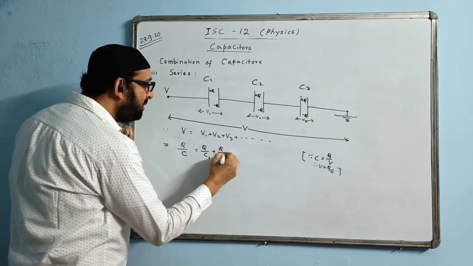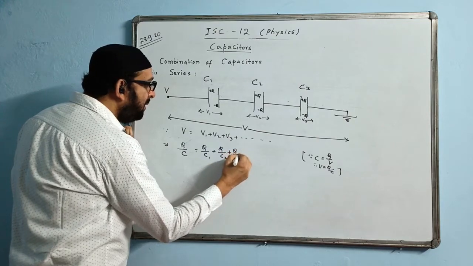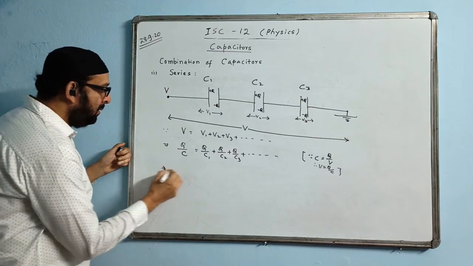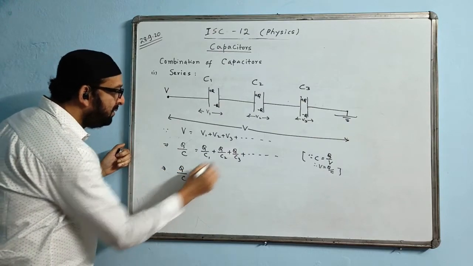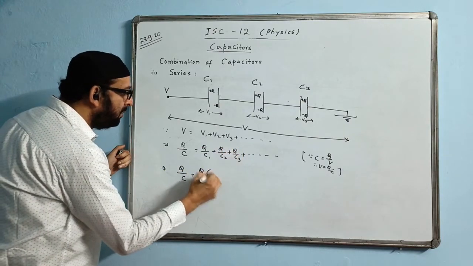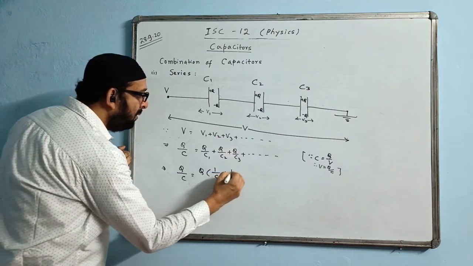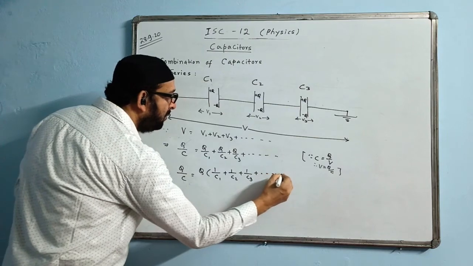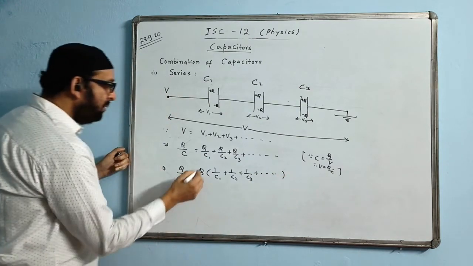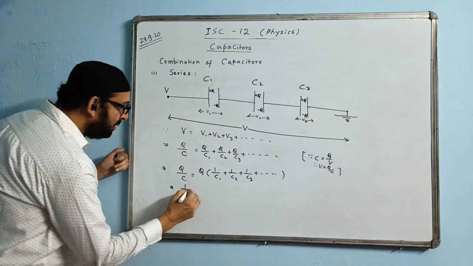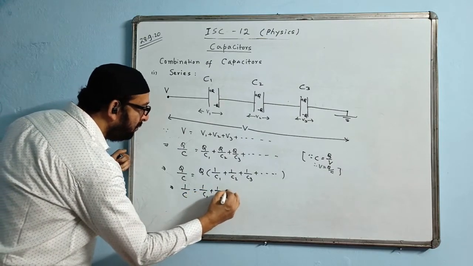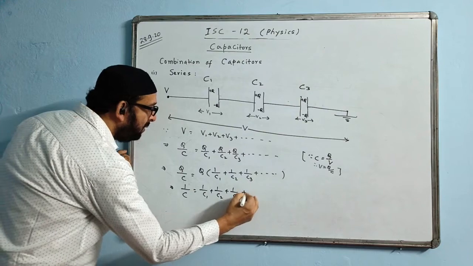Here I write Q by C2, Q by C3, and so on. Taking Q common here we get 1 by C1, 1 by C2, 1 by C3, and so on. Q and Q cancel. We get 1 by C is equal to 1 by C1, 1 by C2, 1 by C3, and so on.